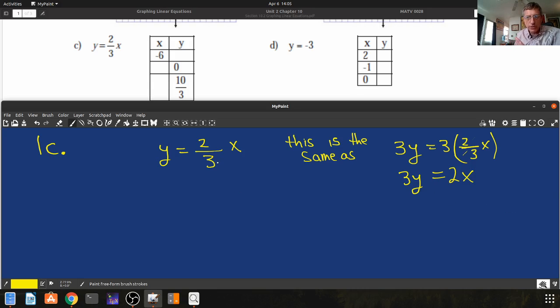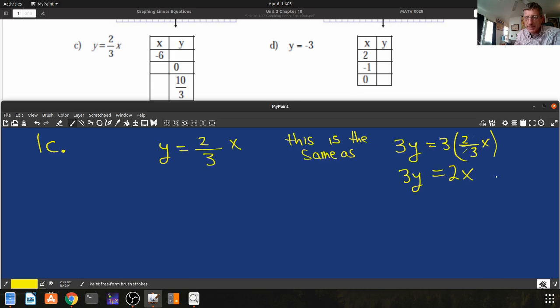So I can use either of these equations. The solutions x, y for this equation here are exactly the same for this equation. In other words, whatever ordered pair x, y, where x and y are specific numbers, make this equation true, that same exact set of specific numbers will also make this equation true.